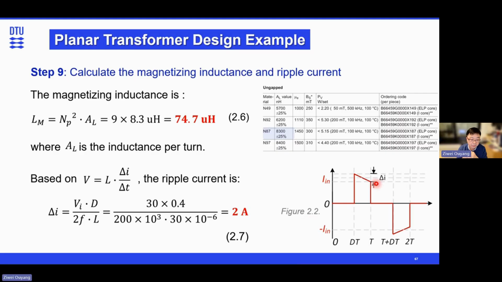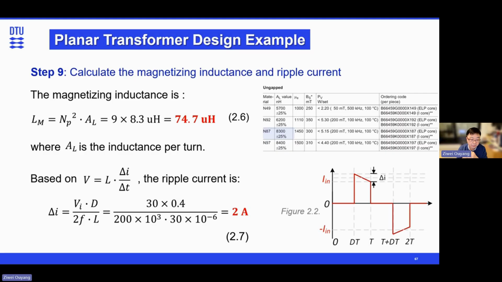From the boost inductor, because the boost inductance is given as 30 microhenry, and when all switches are turned on, the input voltage is clamped to the primary windings, which is 30 volts, and the period for the first stage is duty cycle times T. The T is 1 over 200 kilohertz. So we got 2 amps for the ripple.